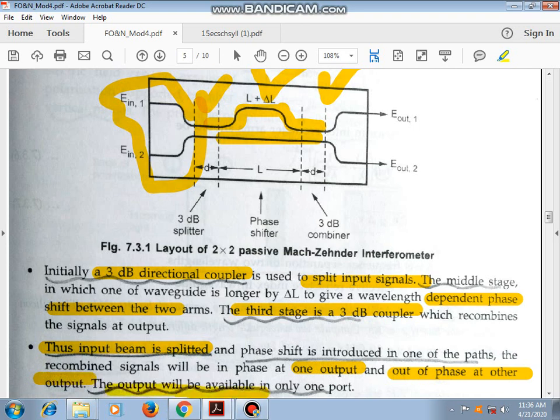The output will be available in only one port. From this you can do multiplexing of the signal. Even though you have two wavelength signals, you can combine these two signals and transmit them through only one optical channel.